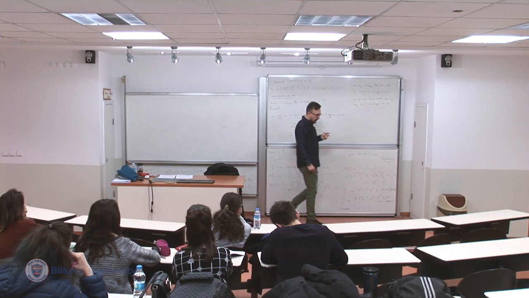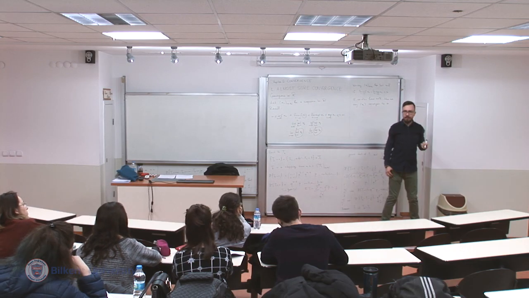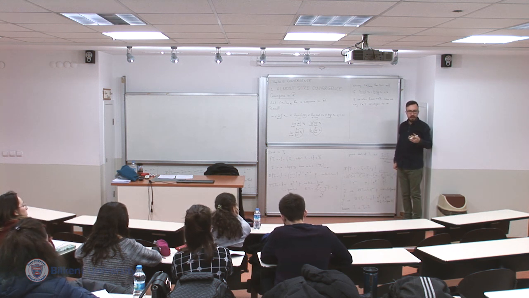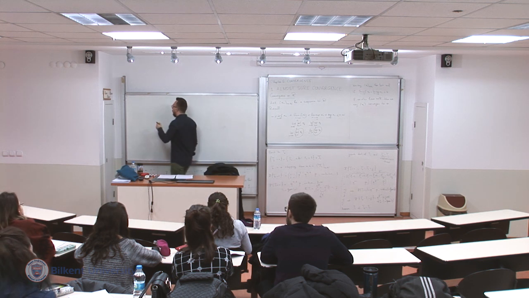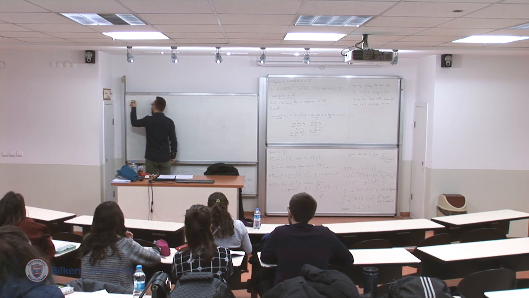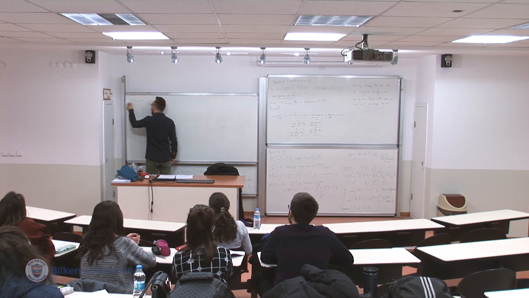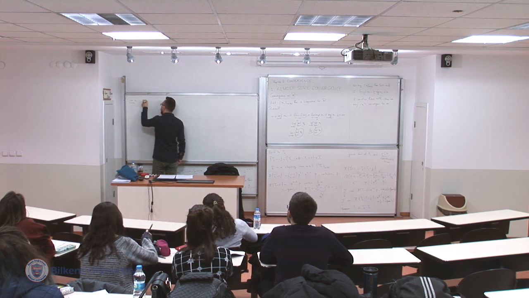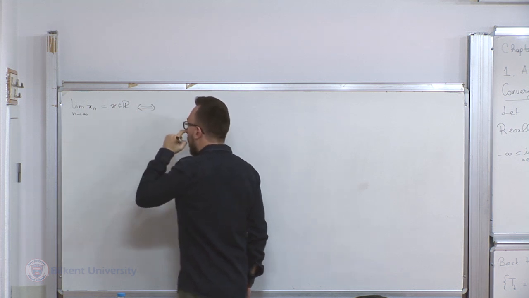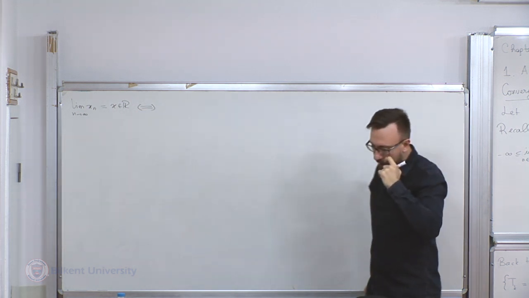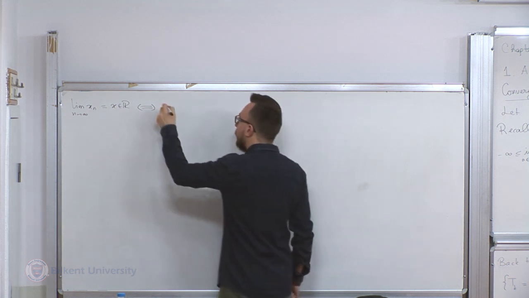But you also have this very old definition of limits using epsilons and deltas, or epsilons and n's. So let me also recall that. So we have that limit xn equals x, where x is a real number. Okay, let me first recall this one.